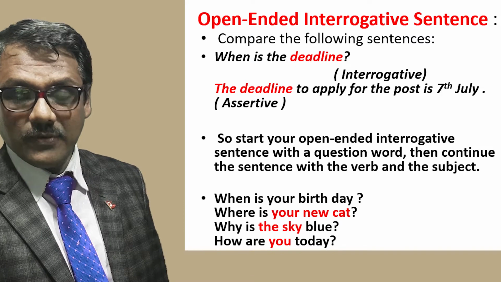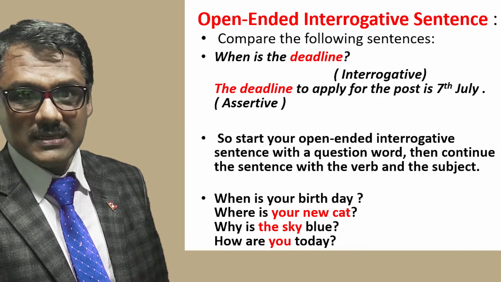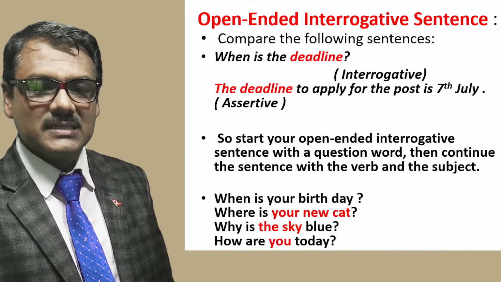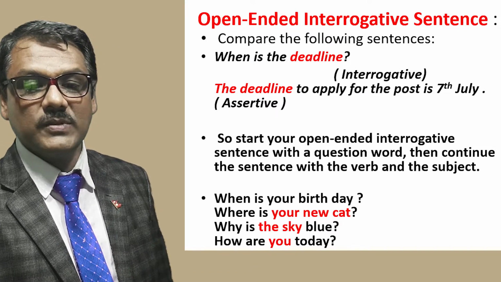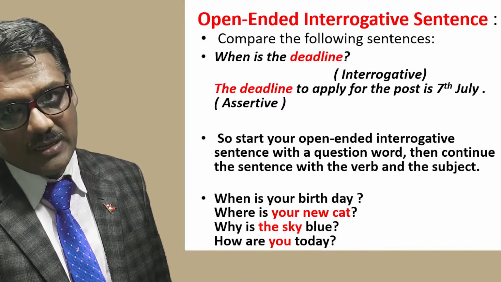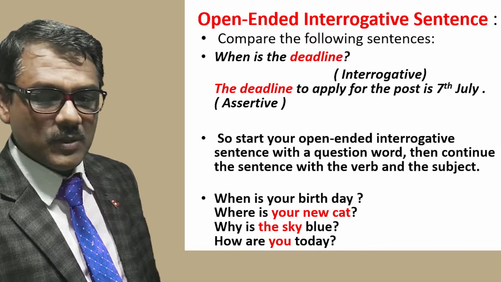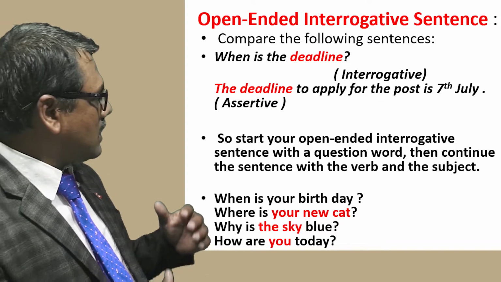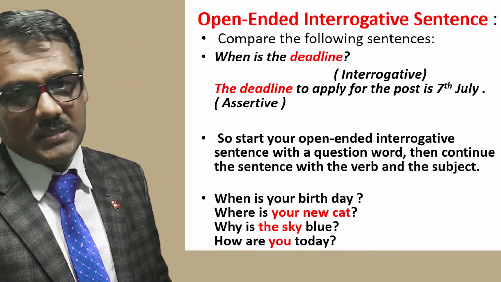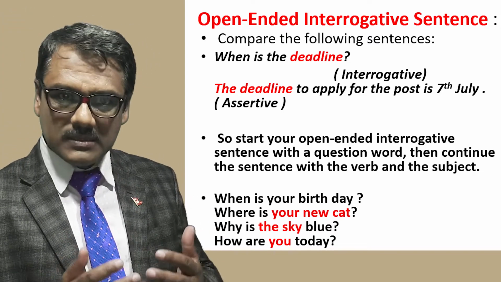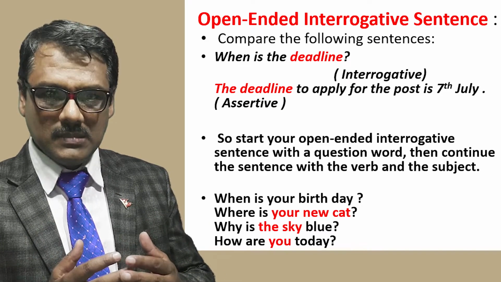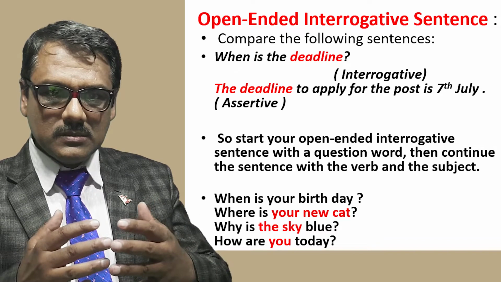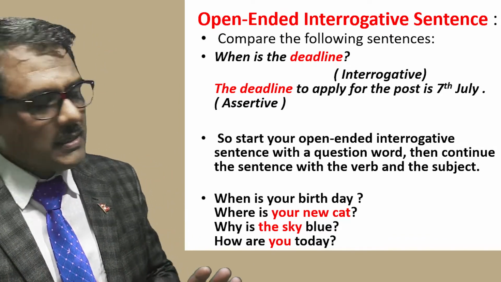That is the first sentence, that is an interrogative sentence, and the second sentence is, the deadline to apply for the post is 7th July. This is an example of an assertive sentence. Now let's compare these two sentences. Let's compare the structure, right, how they are formed. Okay, the structure of these two sentences.